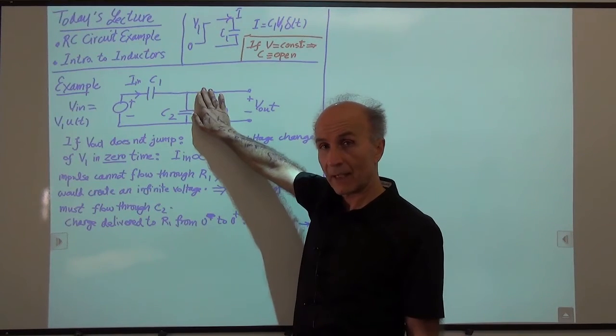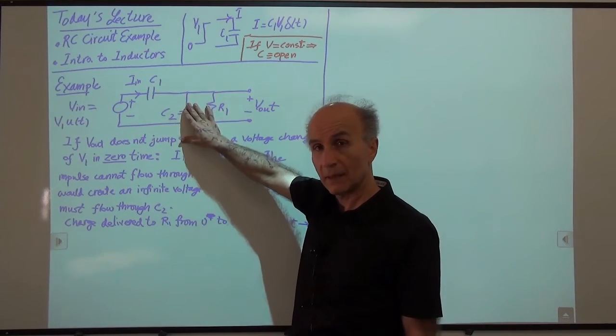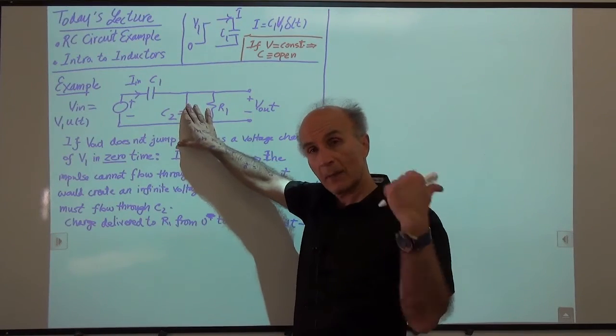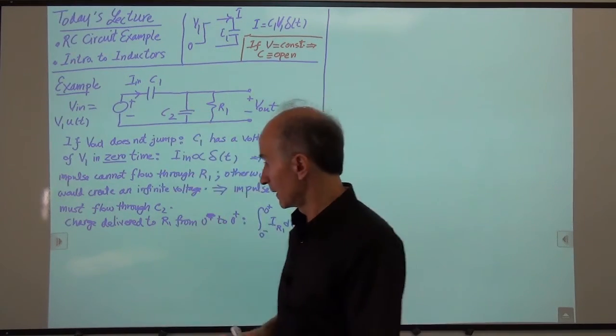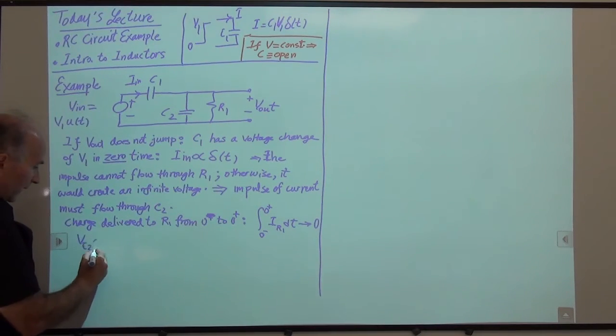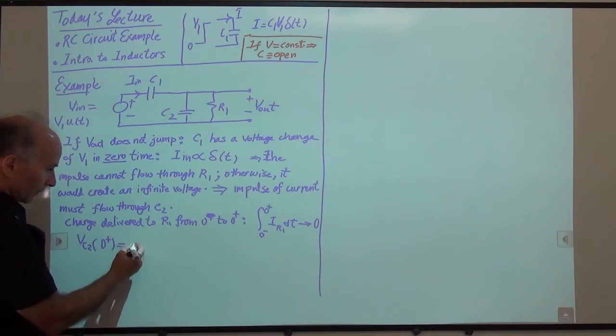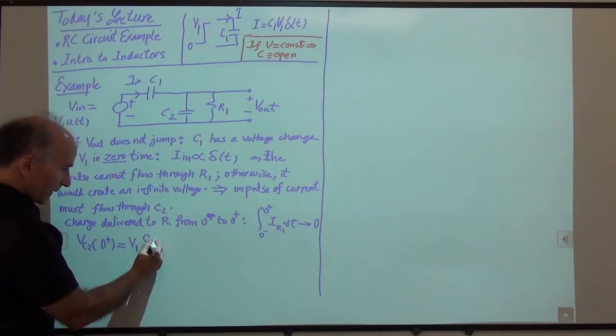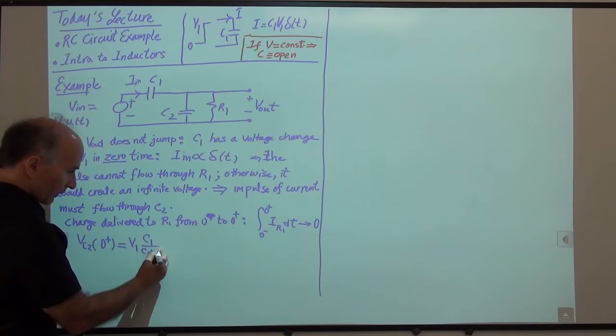So we can say that the voltage on C2 still jumps by the same amount that we calculated last time. So we say VC2 at time 0 plus is equal to V1 times C1 over C1 plus C2.